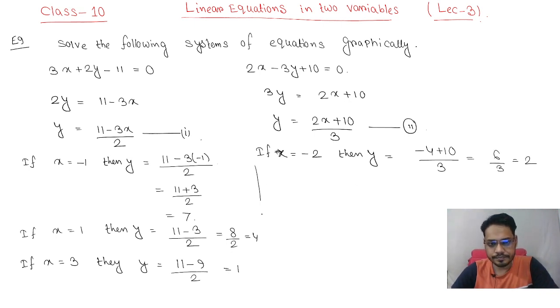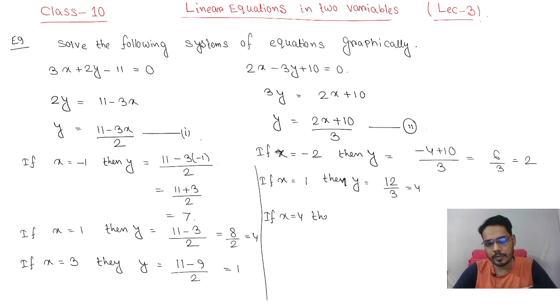Now the next, if x is equal to 1, then y will be (2 plus 10), 12 by 3, that will be 4. Now third one, if x is equal to 4, then y will be (8 plus 10), 18 by 3. That means y is 6.